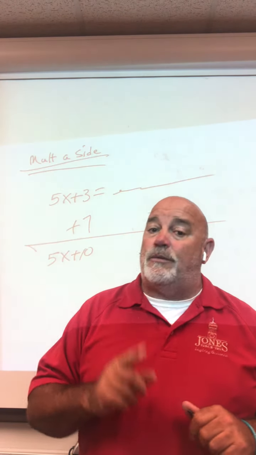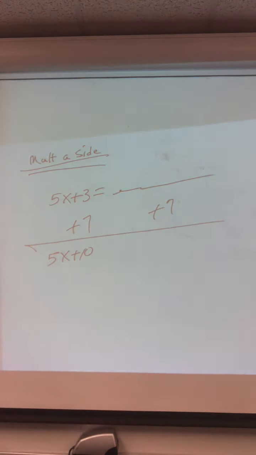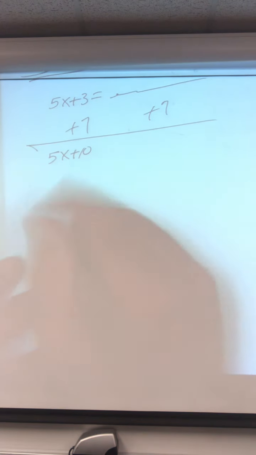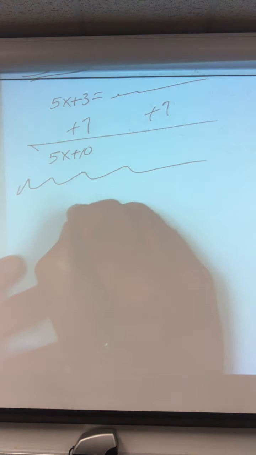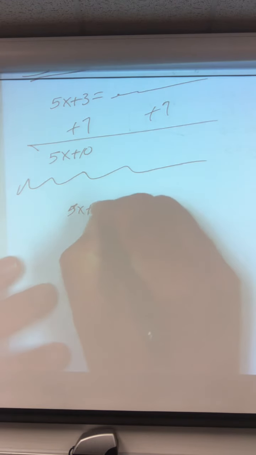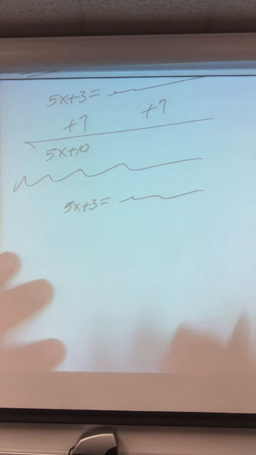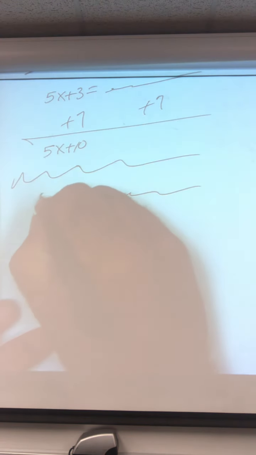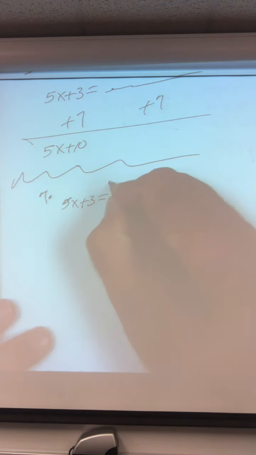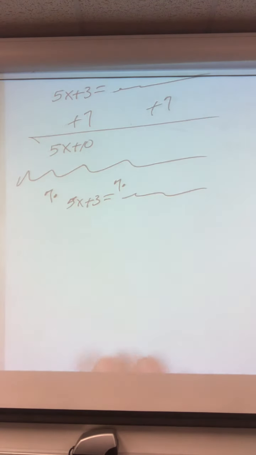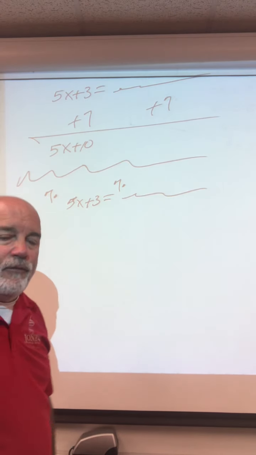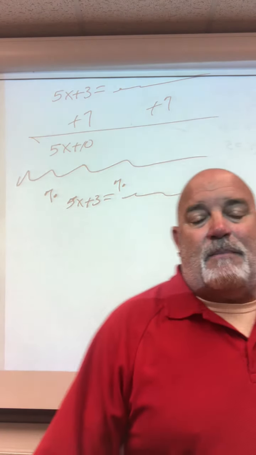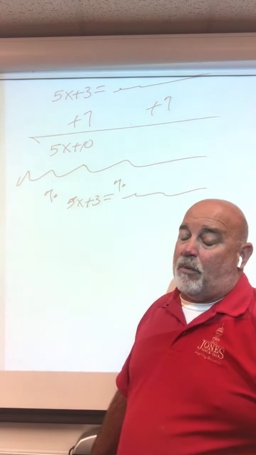That's not true with multiplying. Let me show you. So let's suppose, start over. Suppose I have 5x plus 3 equal, doesn't matter what's on the other side. Now, let's suppose I said multiply both sides by 7. So I want to multiply 7 times this side. Now, if you'll remember, we have what's called in mathematics a distributive property.